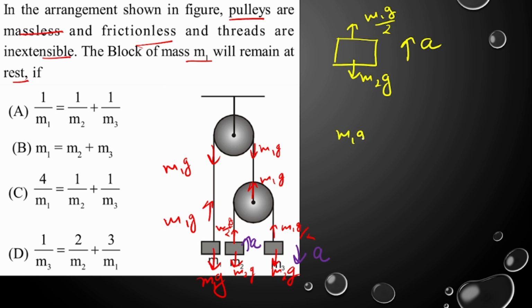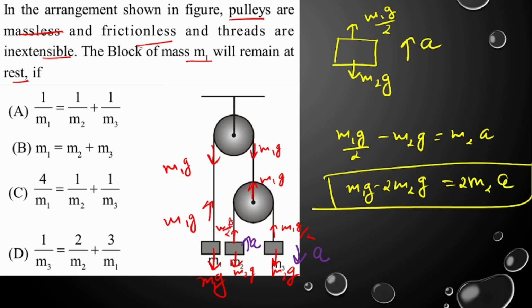So I am writing m1g by 2 minus m2g equals m2a. So here we have (m1 minus 2m2)g equals 2m2a. This is our equation number 1.